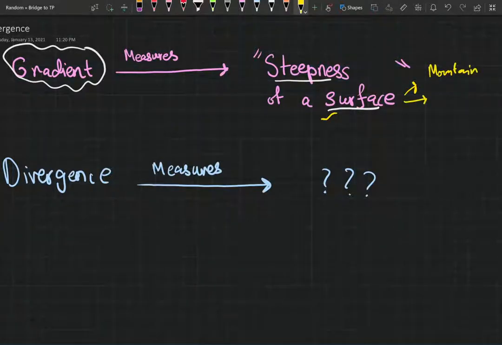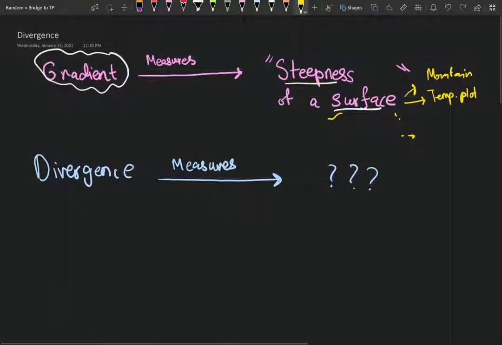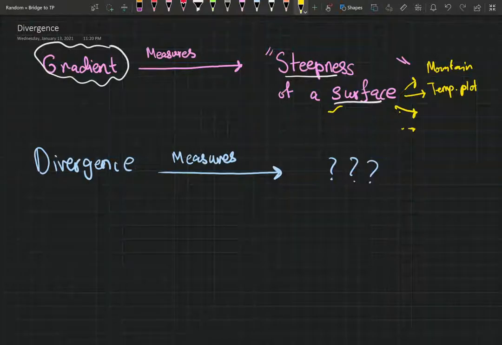It could be a three-dimensional temperature plot, It could also be a three-dimensional concentration plot. So the gradient was used to measure the steepness at a given point, the steepness of these surfaces.